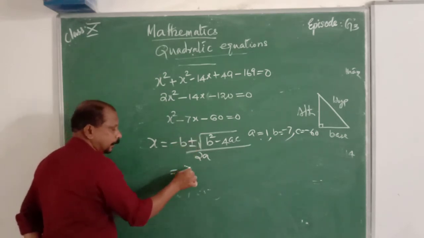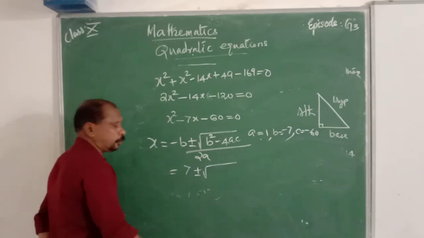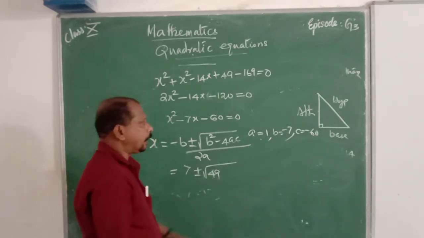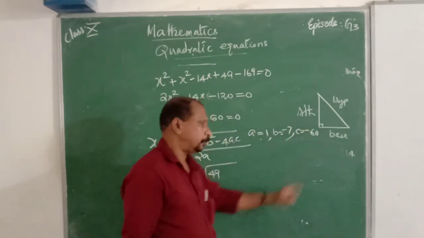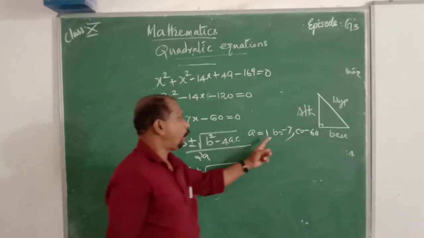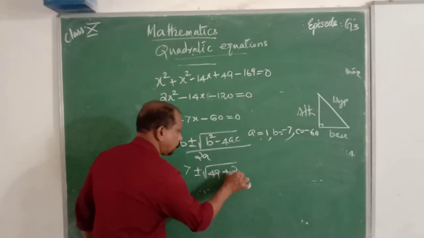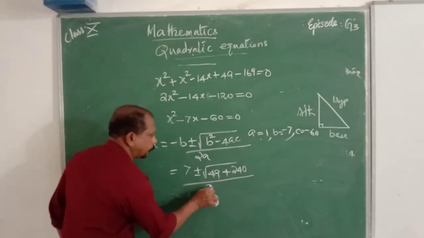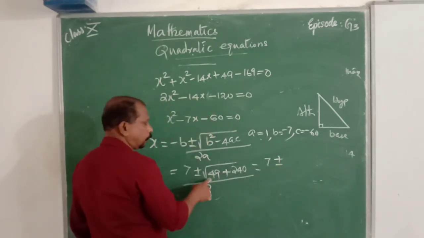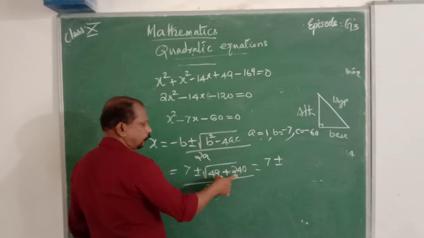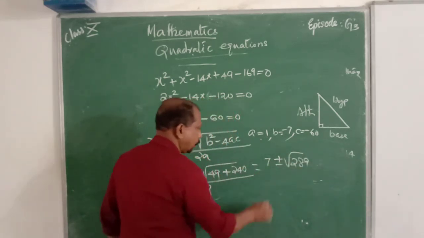That is plus 7 plus or minus root of minus 7 square is positive, that is 49, minus 4 into 1 into minus 60, that is minus into minus plus, 4 into 60 is 240, divided by 2a, that is 7 plus or minus root of 289, divided by 2.